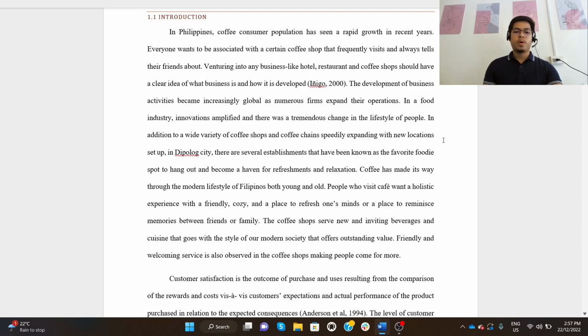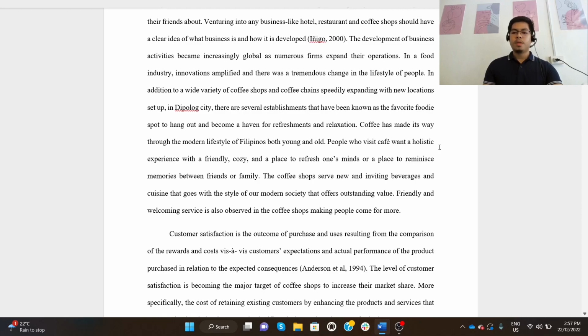In addition to a wide variety of coffee shops and coffee chains speedily expanding with new locations set up in the city, there are several establishments that have become known as the favorite foodie spot to hang out and become a haven for refreshments and relaxation. Coffee has made its way through the modern lifestyle of Filipinos, both young and old.